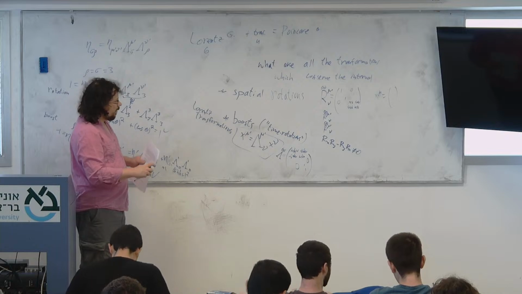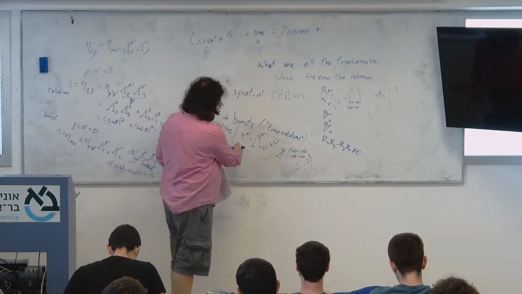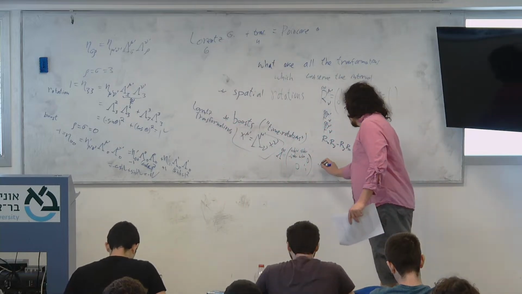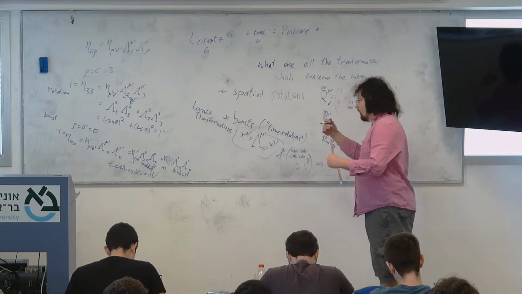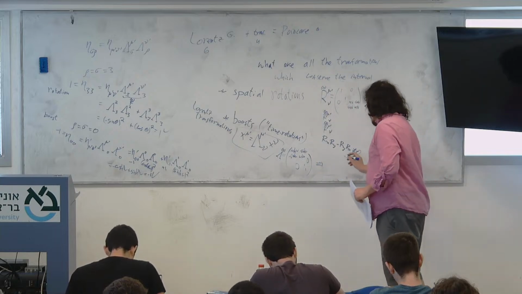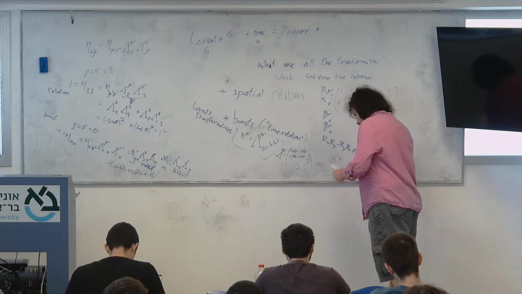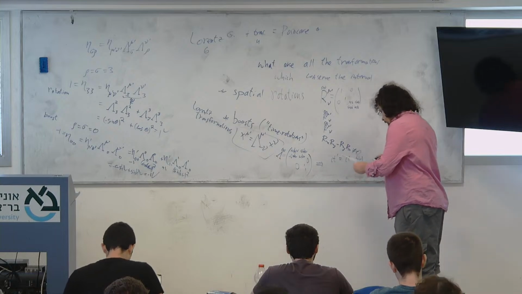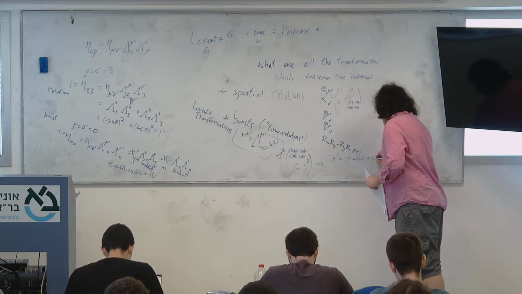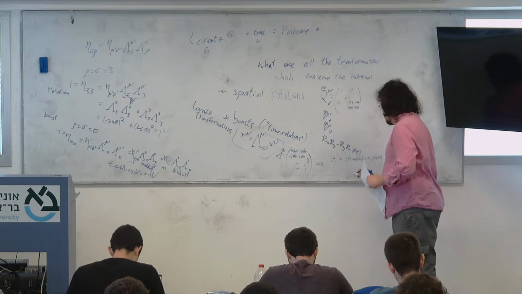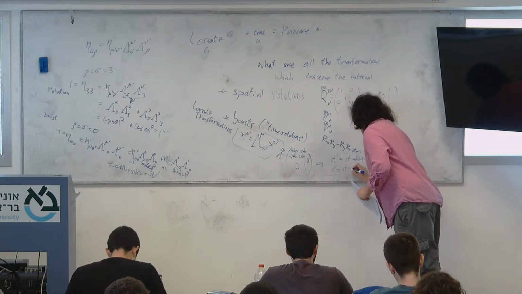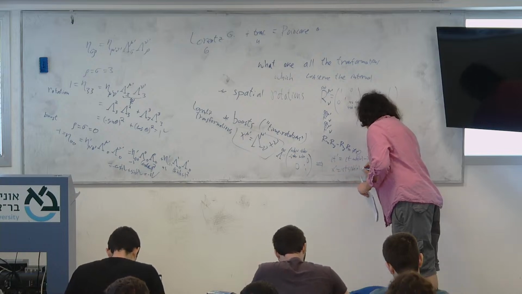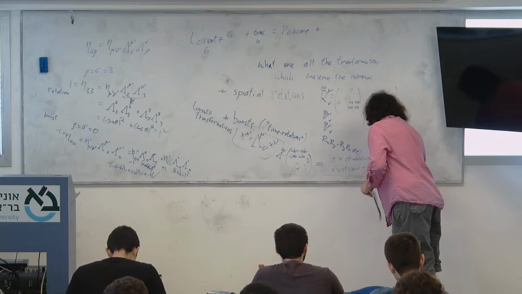Okay. Of course, one can write this equation with this lambda, a boost, in the familiar form. If we now go back and ignore the matrix notation, we just have that ct prime is ct cosh of some angle minus x times the hyperbolic sine of that angle, and similarly x prime is minus ct sinh of some angle plus x cosh of that angle.